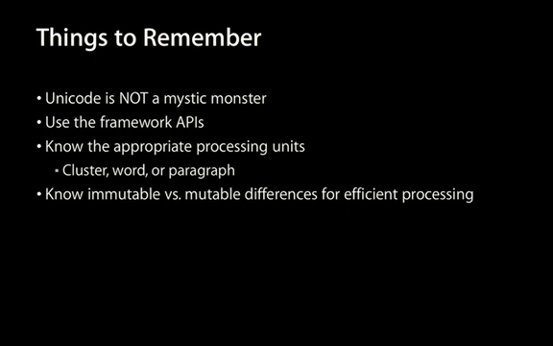And by knowing the basic units, grapheme clusters, words, paragraphs, you can be confident you are processing the text properly. And finally, by knowing the performance semantics of mutable and immutable methods, you should be able to get the best performance out of the NSString API.